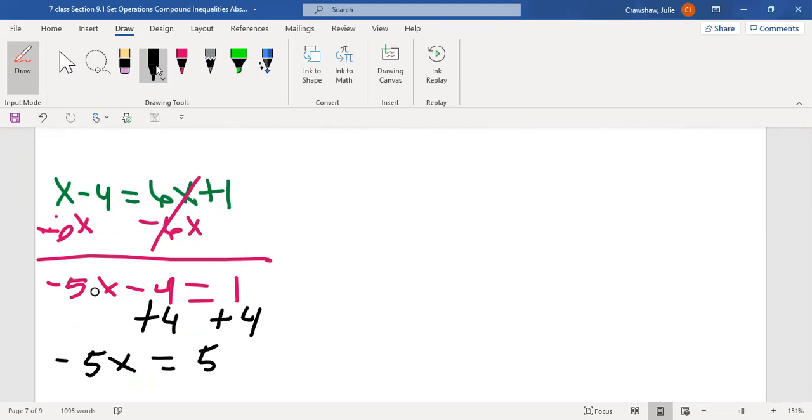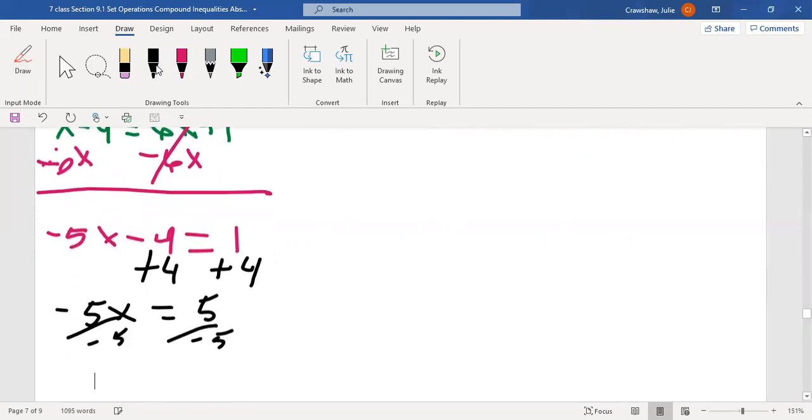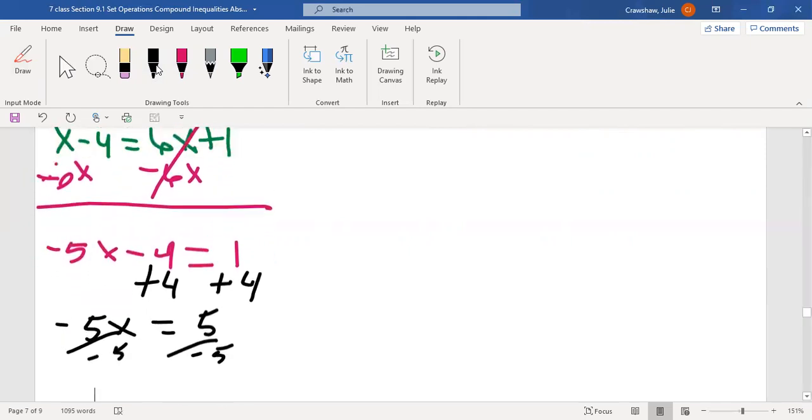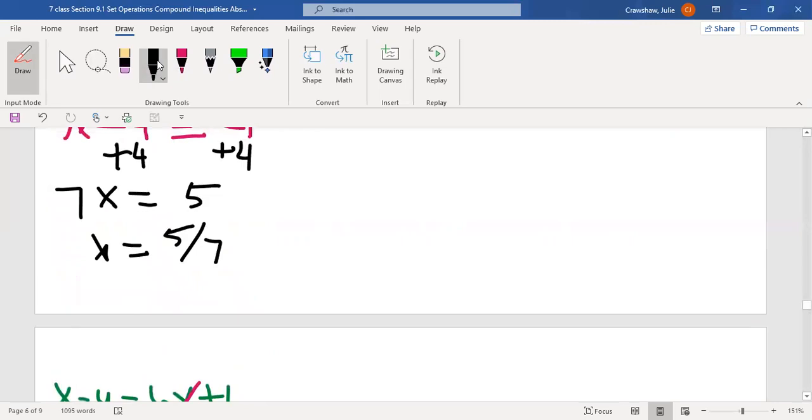And then I'm going to divide by negative 5, and I'm going to end up getting x equals negative 1. So those are my two answers for that particular equation: x equals negative 1 and x equals 5/7.